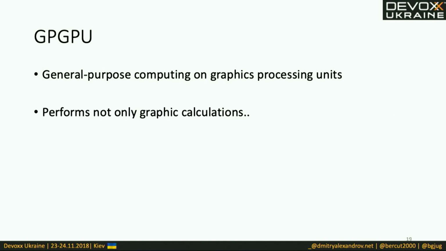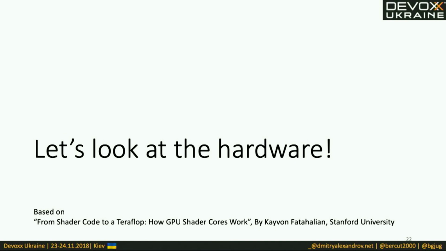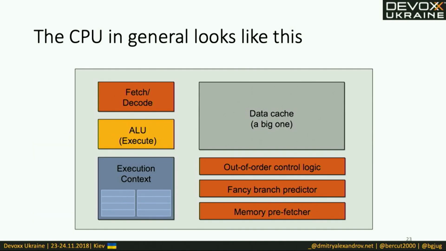As I said, not only to perform graphics calculations, but to offload work from the CPU to the video card. Since we have a piece of hardware which can do some stuff for us, we have to use it. It looks cool. Let's look at how the hardware actually works. Processing is most of the time done on a processor.